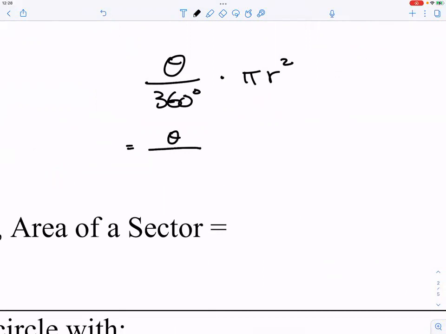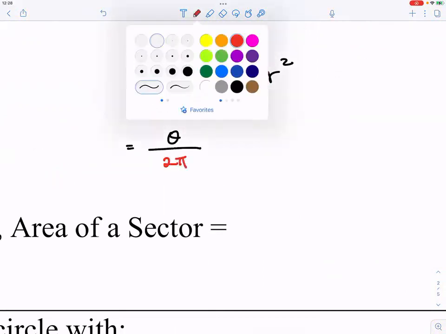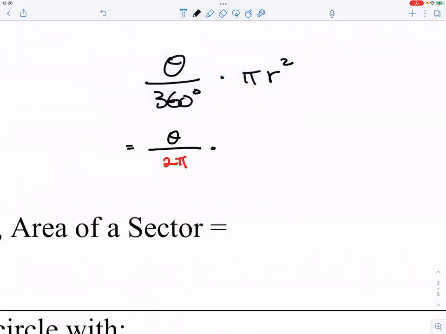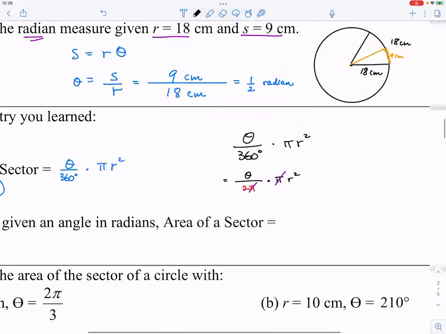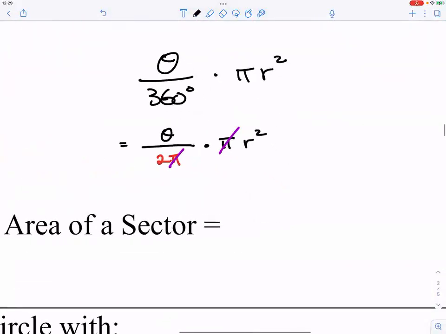So that means I can replace 360 with 2 pi. And if you replace 360 with 2 pi, now you can cancel some terms out. You can cancel the pi. So that means the area of a sector is basically 1/2 theta r squared.